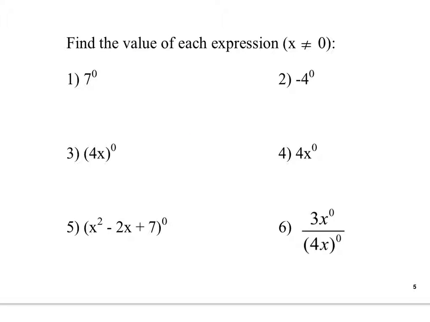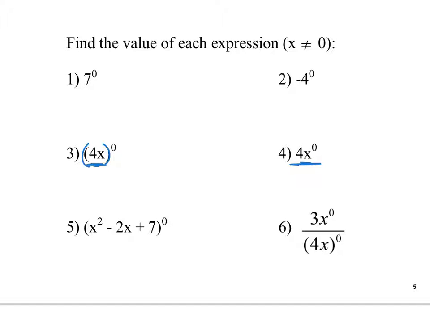Okay, find the value of each expression. So the basic idea is you have to really pay attention to what the 0 power is being raised to. If there's a parenthesis, the whole thing is being raised. If there is no parenthesis, it's just what it's attached to, what it's closest to. So in this case, the 4 isn't connected.